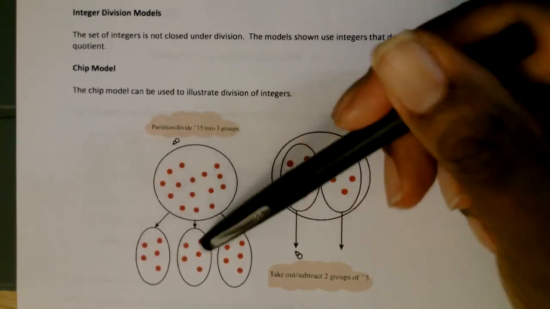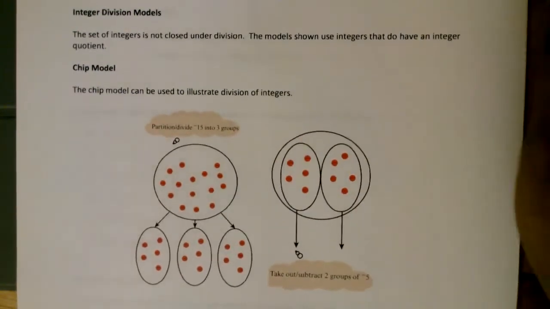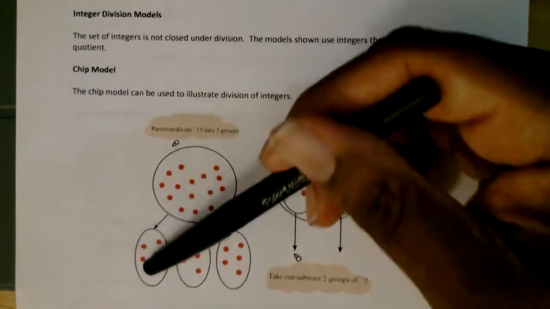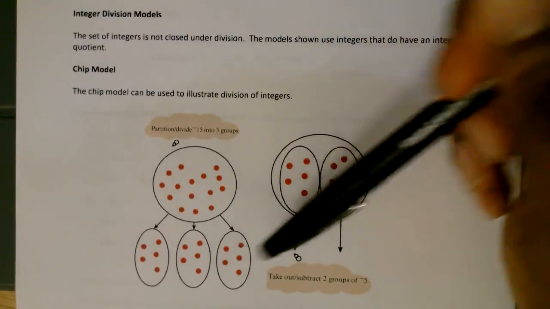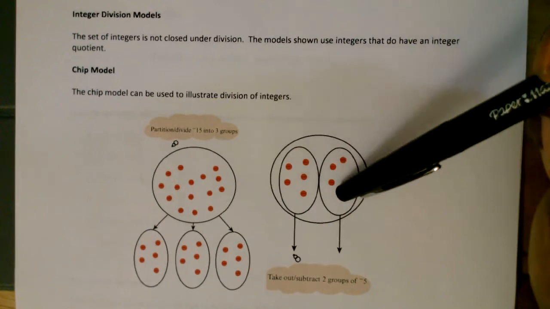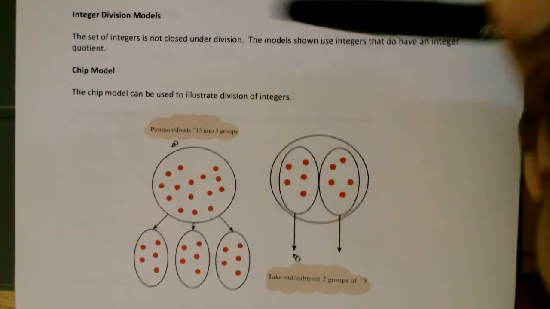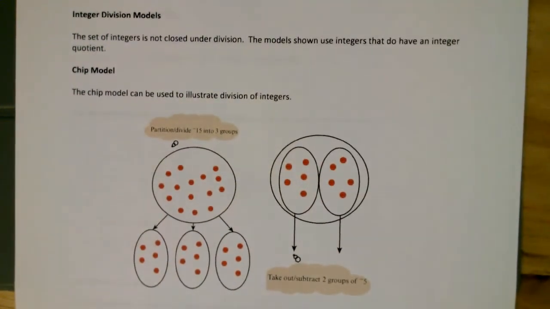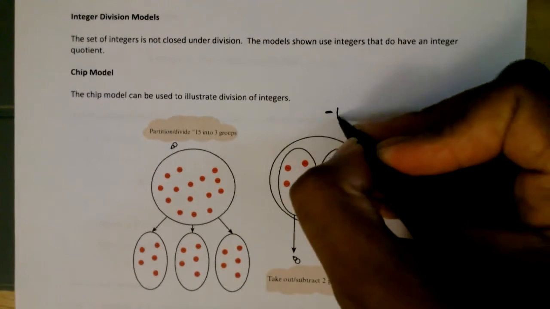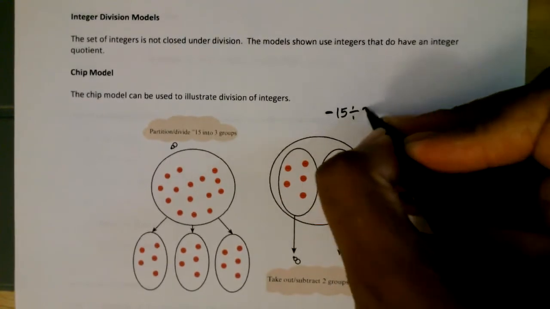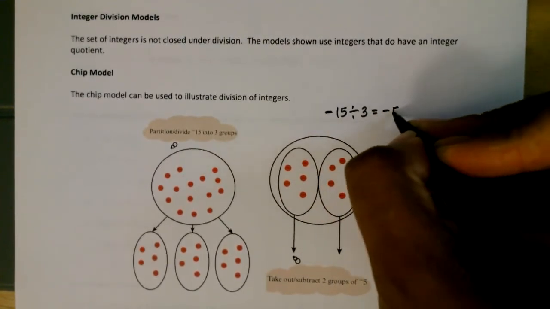So I have 3 groups of -5 dots. But I'm going to take out or subtract 2 groups of -5, which means I will have, in this case, -5, which represents the fact that -15 divided by 3 equals -5.